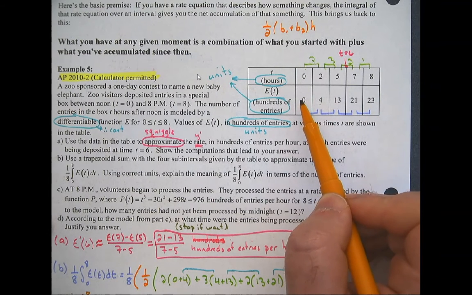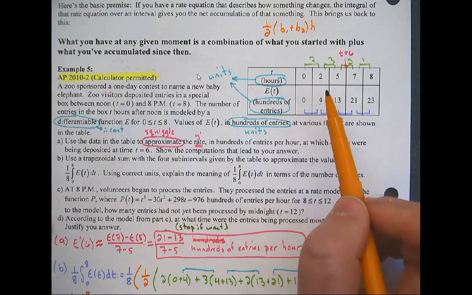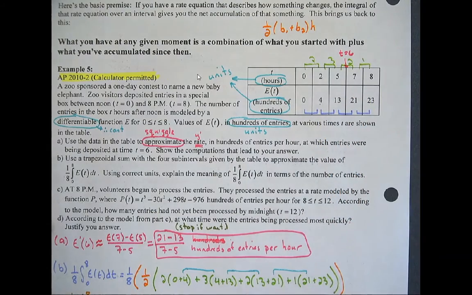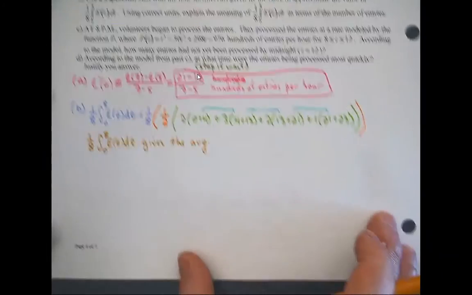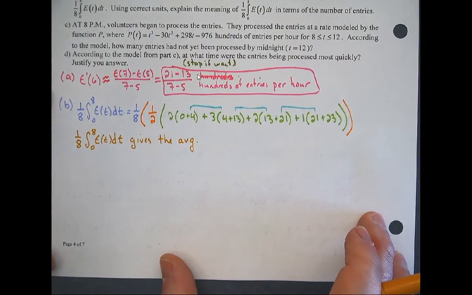At time 0, there were 0 entries. But if I wanted to figure out on average how many entries were actually in the box, that's what this thing would calculate for us, our average value.